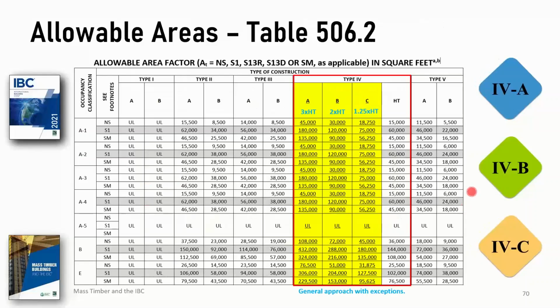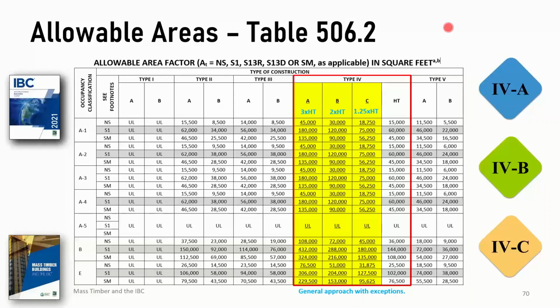How about areas? First of all, keep in mind that since the 2015 edition of the code, table 506.2 is allowable area factor. So these figures in these boxes do not represent a realistic allowable area per story for any particular occupancy or construction type.